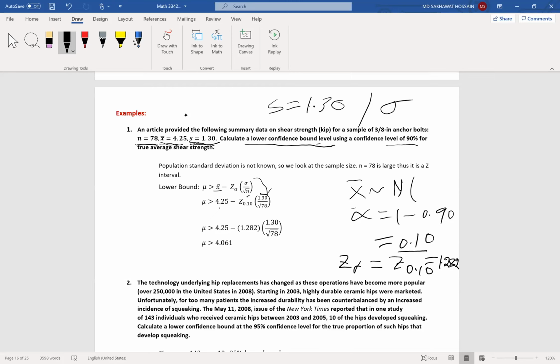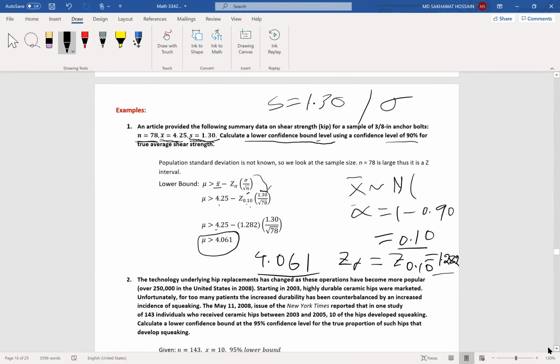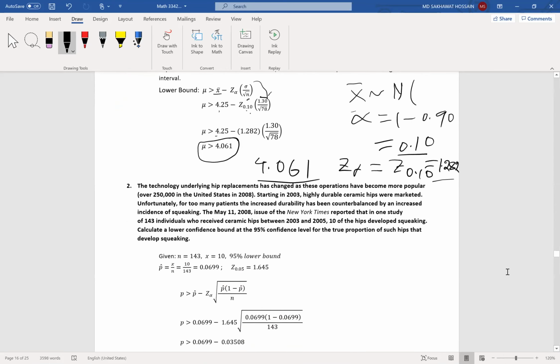So mu is greater than 4.25 minus this; we plugged in these values, and the lower limit of the confidence bound is 4.061. If you construct a two-sided confidence interval, you won't get this lower limit.